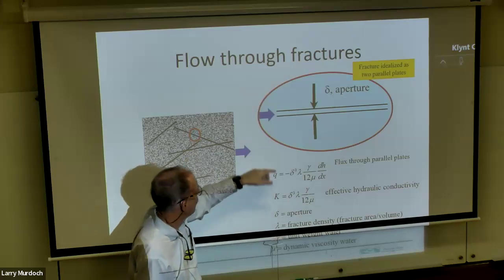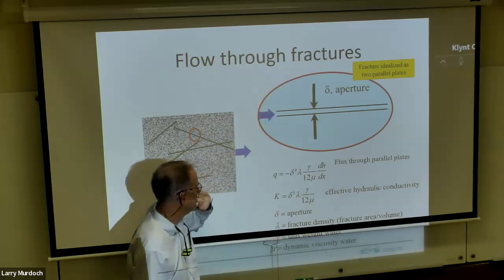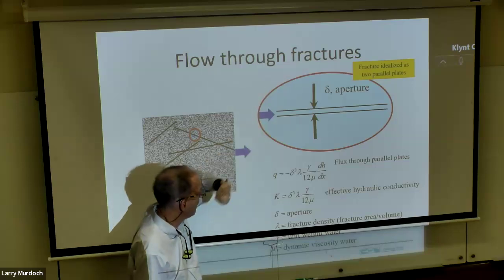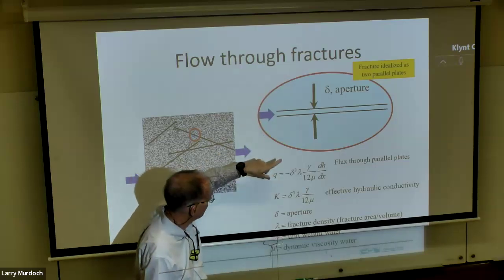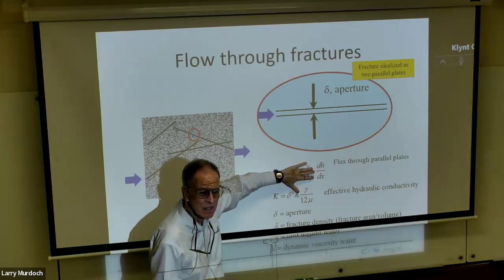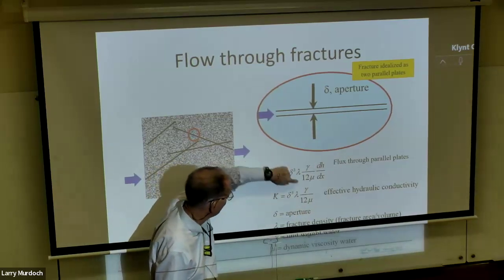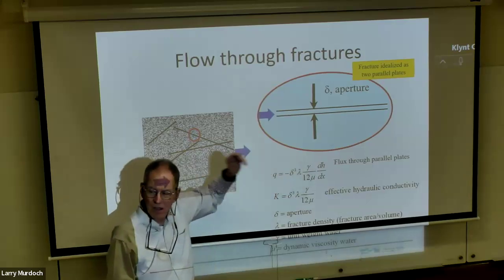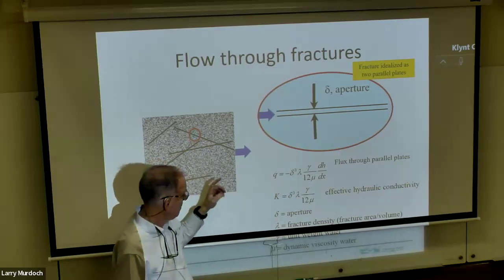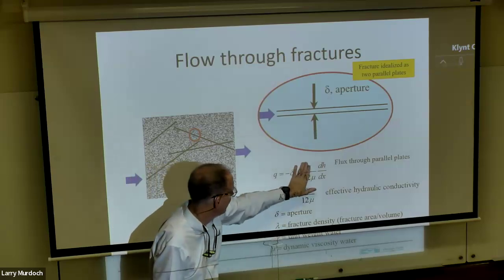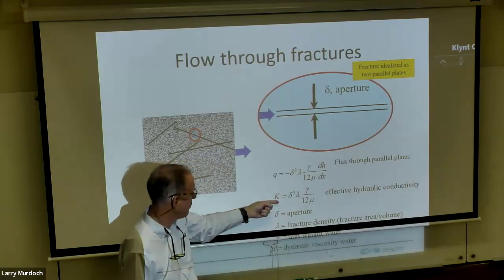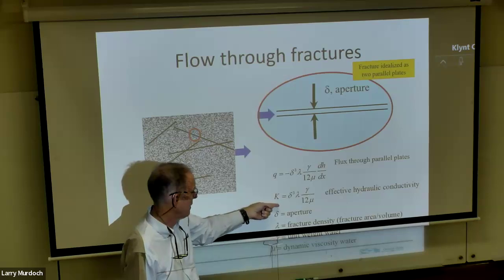And so this is the flow per cross-sectional area through that kind of a conduit. And what we see here, there's the head gradient, and there's the minus sign. So that's akin to the hydraulic conductivity. We can write, if we replace that, then we just have Darcy's law, and this is then hydraulic conductivity.